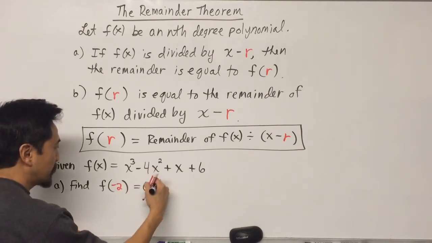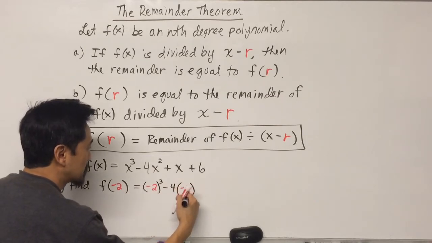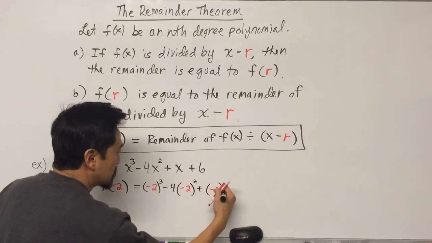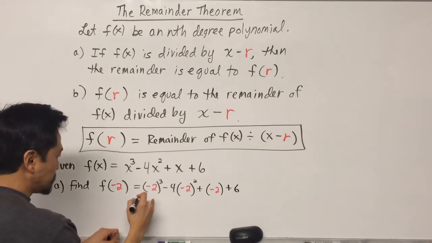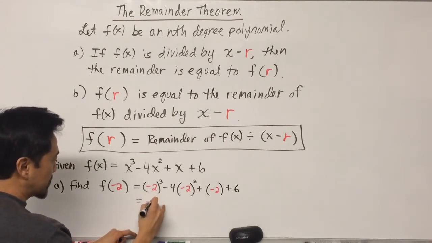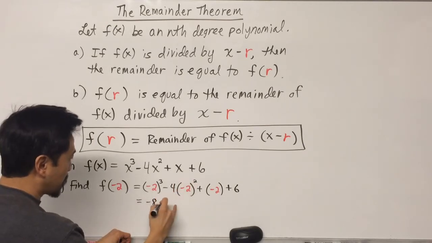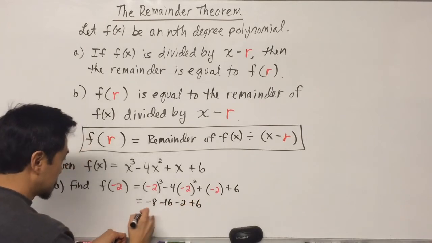Take -2 to the third minus 4 times -2 to the second plus -2 added with 6. Okay? So that's how we did it the old-fashioned way. And let's see what we get. We've got -8. That's going to give us a 4. 4 times -4 is -16 minus 2 plus 6.